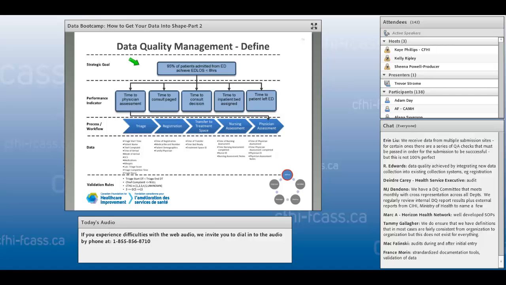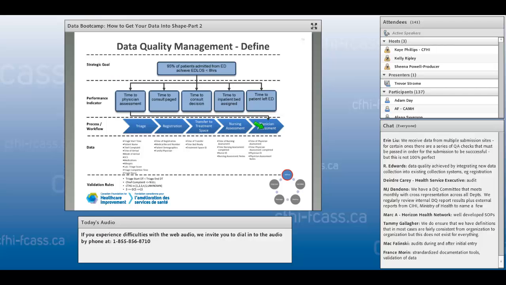So if we take an example strategic goal of wanting 95% of our admitted ED patients to achieve a length of stay of less than 8 hours in the department, with this strategic indicator, usually these would break down into several sub-performance indicators. We're going to talk about this a little bit later, but I wanted to show this holistic picture at this point.